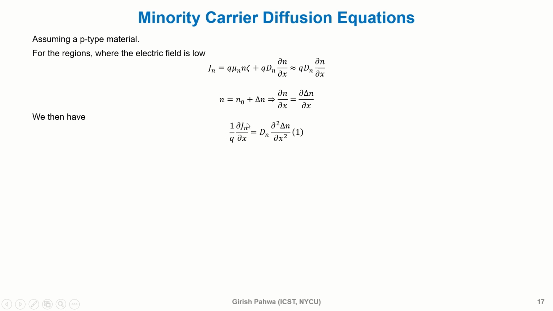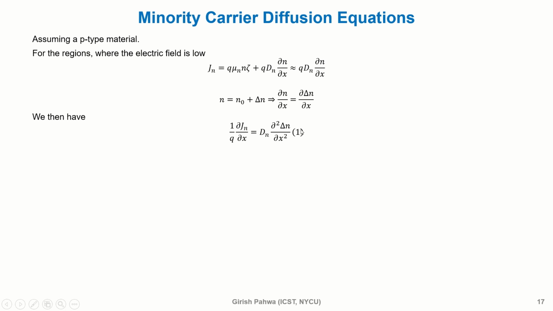Why am I calculating it? Because it appears in the current continuity equations, and right now it is only contributed by the diffusion current. So there is already a derivative of del n by del x here, and if you simply differentiate Jn, this will become the double derivative.